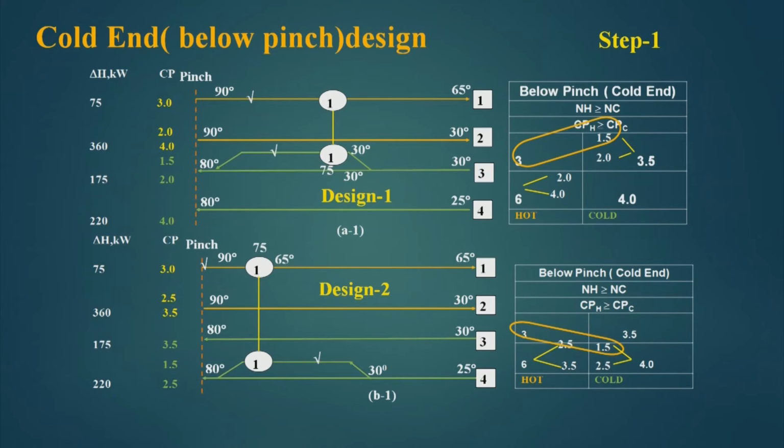Similarly, in this Cp table, I can break this 4 into two parts, 1.5 and 2.5. So, this is 2.5 Cp and this has got 1.5 Cp.